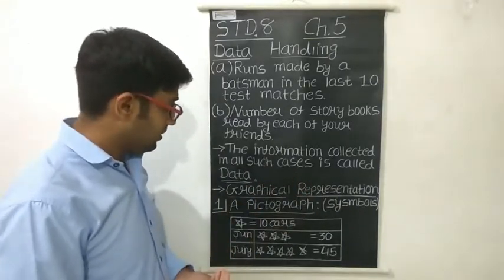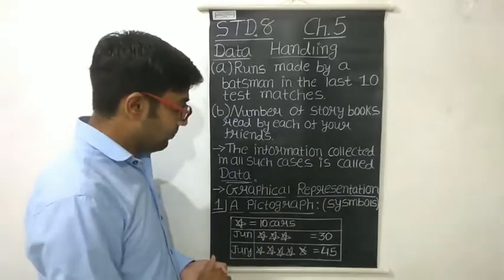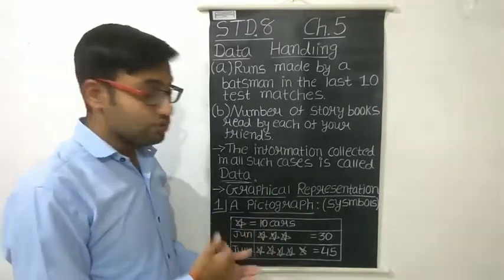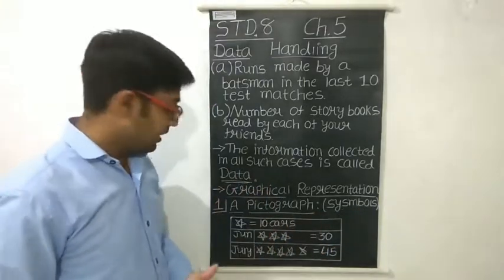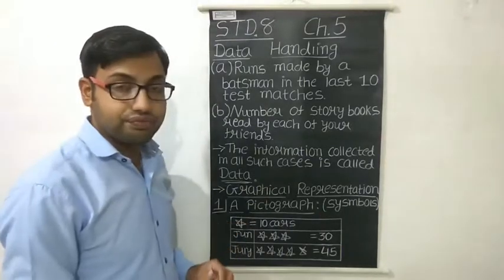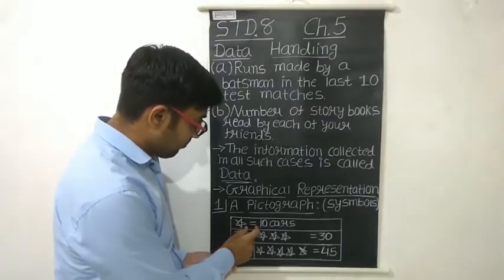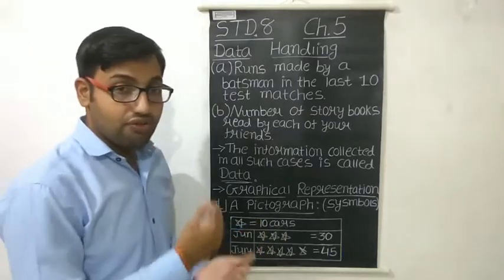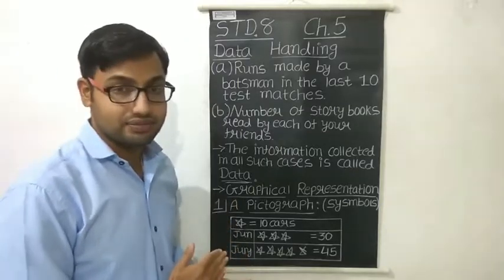There are some methods. The first method is a pictograph. In the pictograph, we use symbols to represent the data. We have taken an example here: there is a picture of a star, and this star means 10 cars. Wherever we have a star, that represents 10 cars.